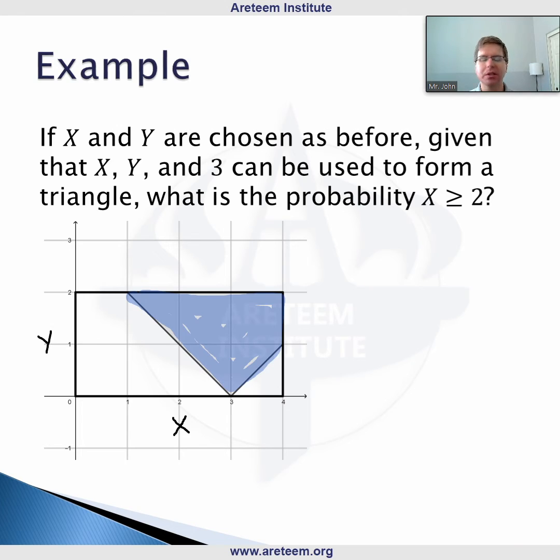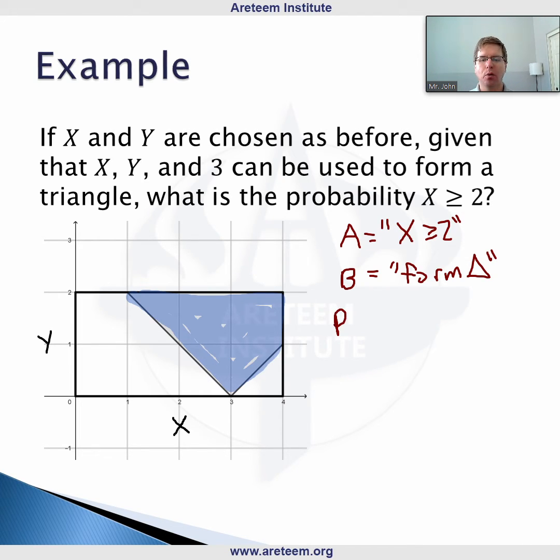Now let me just do it the formal way we described on the previous slide. So let's let A be the event here that x is greater than or equal to 2. We have B is the event that we can form a triangle. So let me just write that out in shorthand here. We can form a triangle in that case.